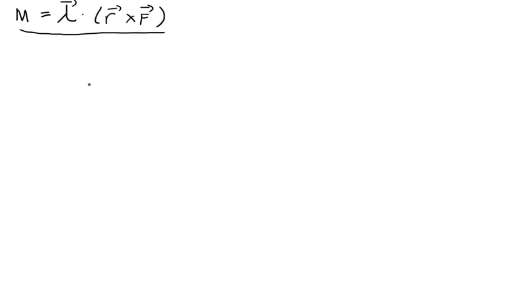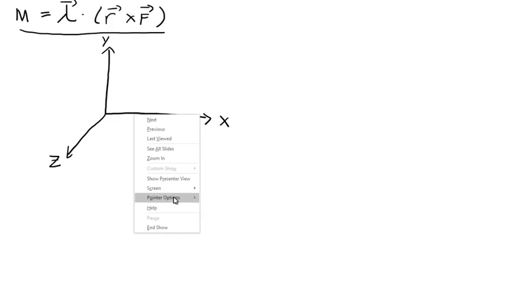So let us consider an arbitrary system. Let's say I have an XYZ system. Now, for simplicity, I'm going to have the axis pass through the origin. That's just going to make the math a little bit easier.